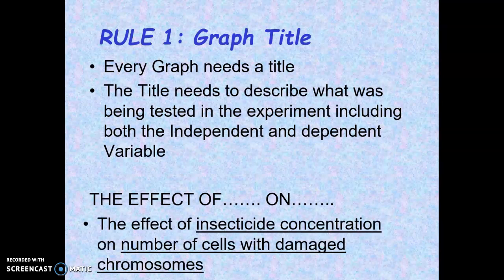In the example that we did in class, a good title for your graph would be the effect of insecticide concentration on the number of cells with damaged chromosomes. Here we know that we're going to be able to observe how the different concentrations impacted chromosomal damage within cells.